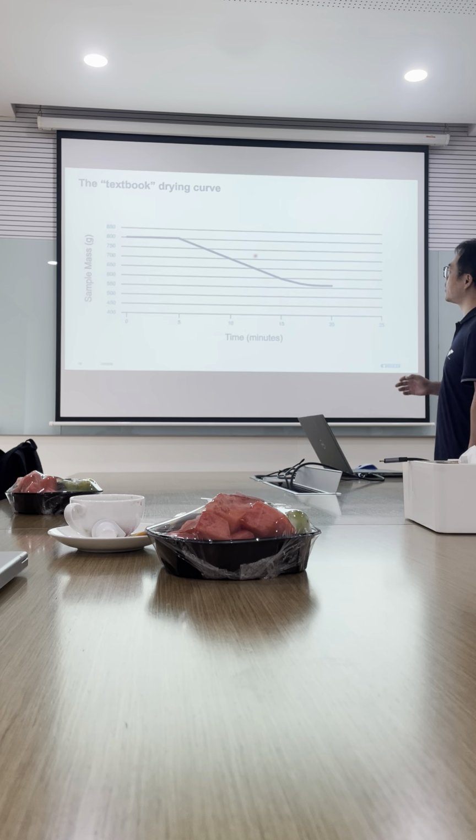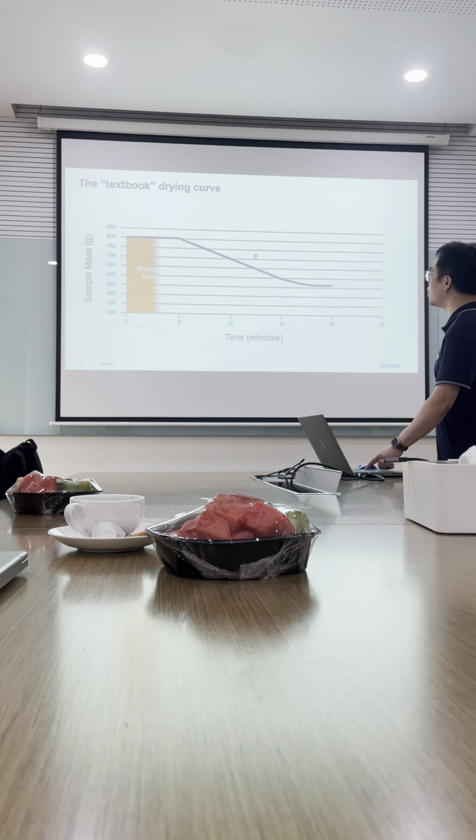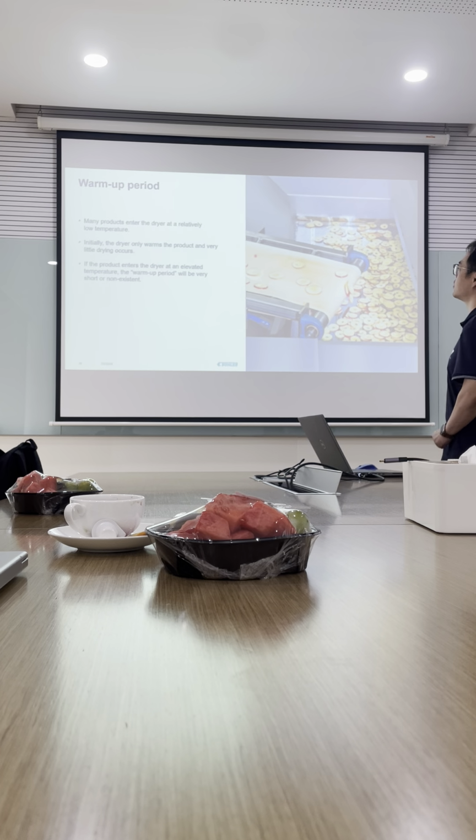We usually divide the curve into 3 steps. The first step is the warm-up period. In this period, many products enter the dryer at low temperature. At the beginning, the dryer only warms up the product with very little drying. If the product enters the dryer at a very high temperature, the warm-up period may be short or non-existent.